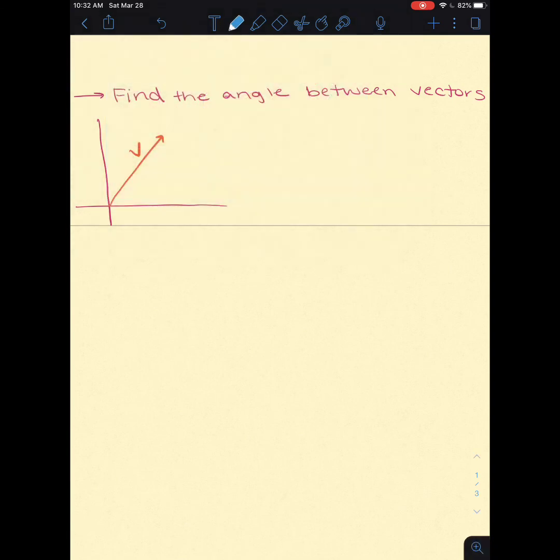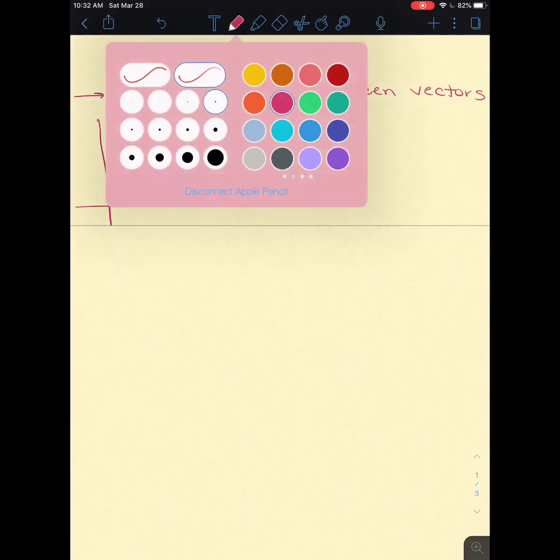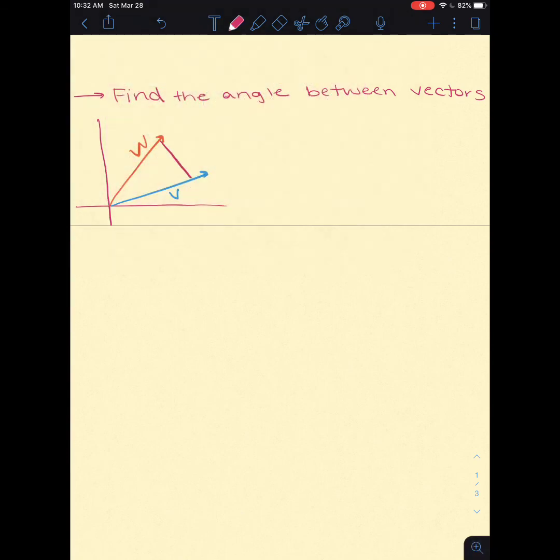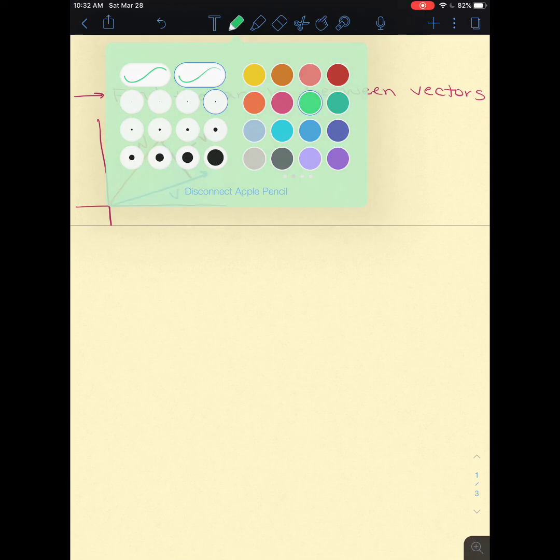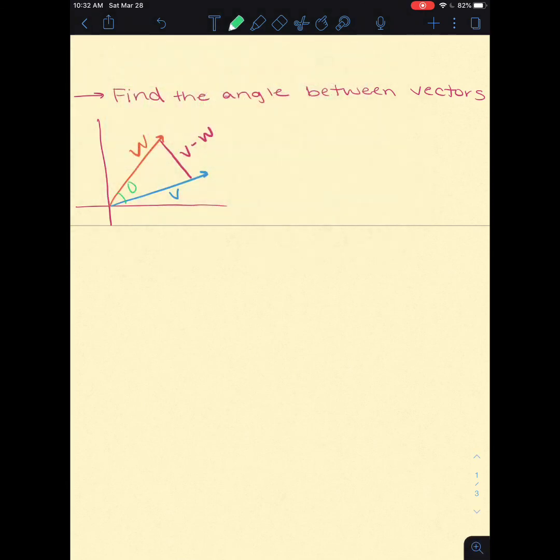I'm going to draw another vector here in blue. Actually, let me switch these. I'm going to make this one v and this one w. And then here would represent my v minus w. Okay? And my angle measurement, my theta, would be right here.